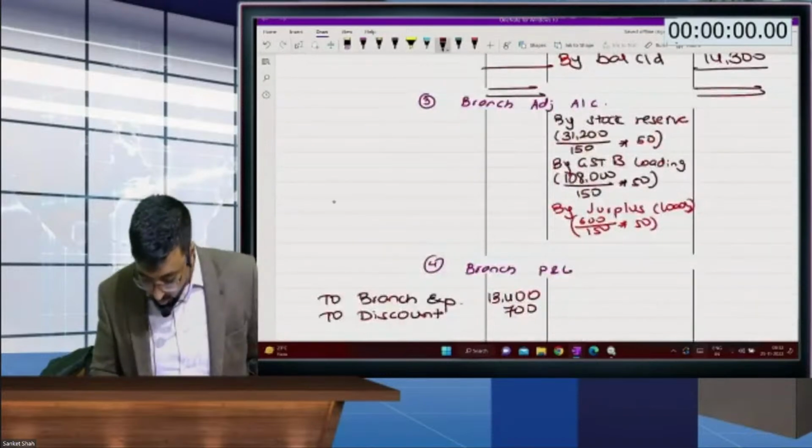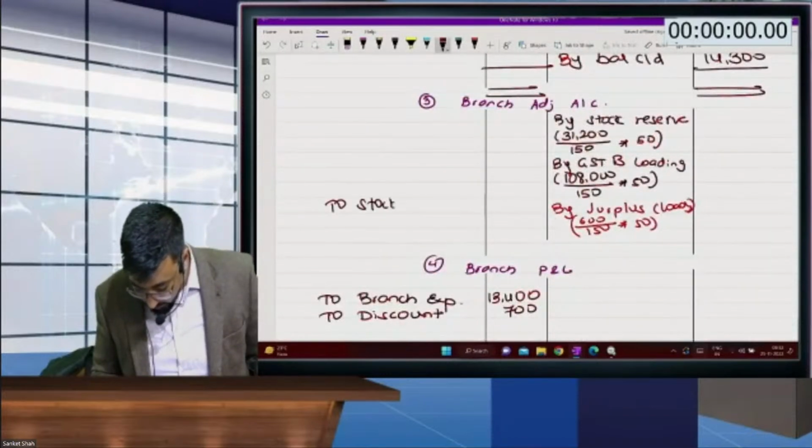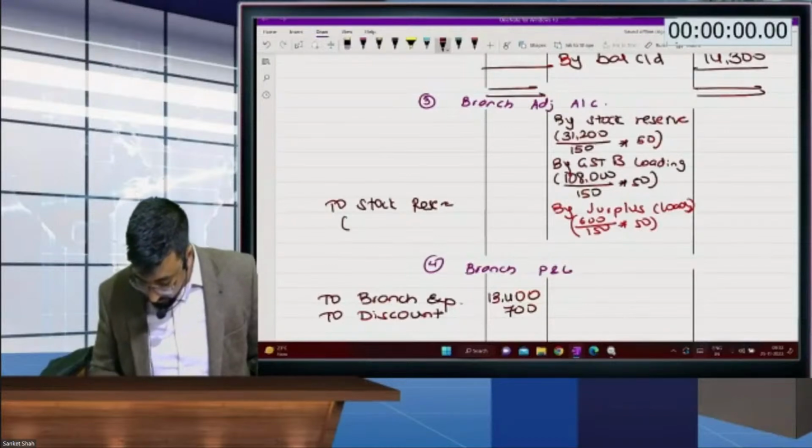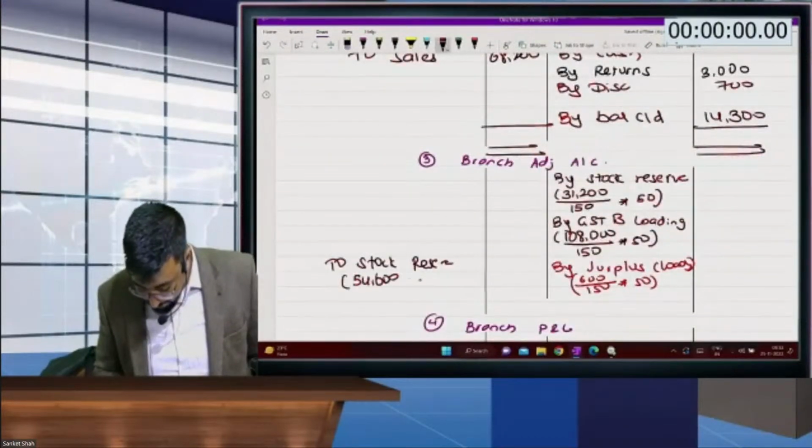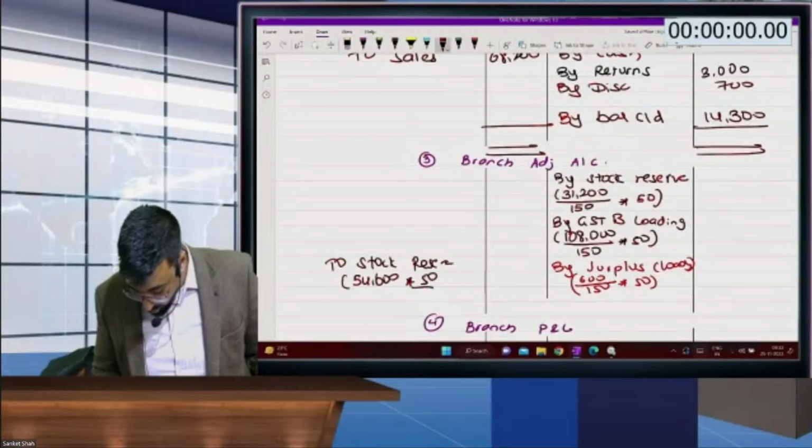You will write to stock reserve 54,600 into 50 upon 150.